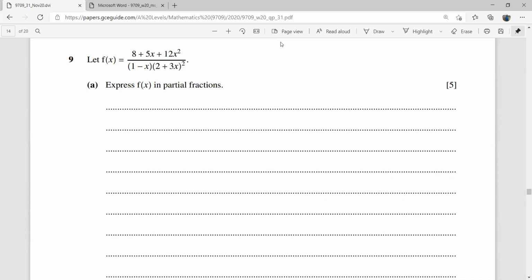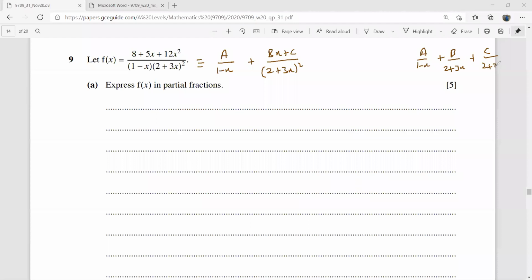So I will be writing just two fractions for this. Let me write it like this: A over (1 minus x) plus (bx plus c) over (2 plus 3x) whole squared. Please remember, I could have also written it like this: A over (1 minus x) plus b over (2 plus 3x) plus c over (2 plus 3x) whole squared.